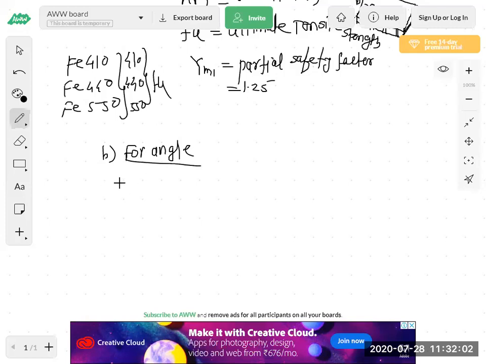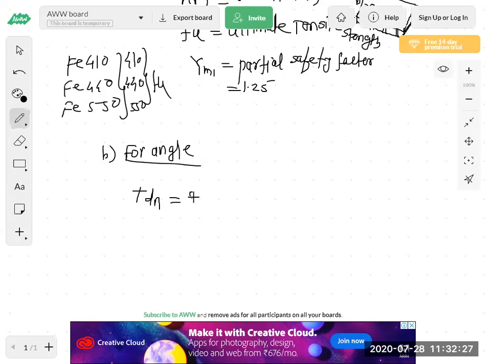For single angle, they have given one more formula. So for angle, Tdn is equal to. Again, write down the formula here.